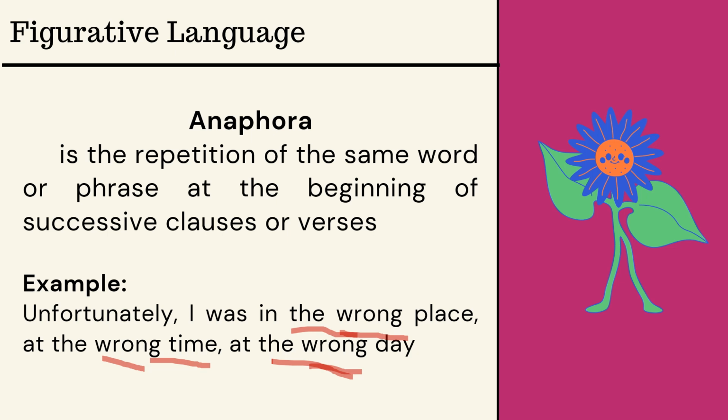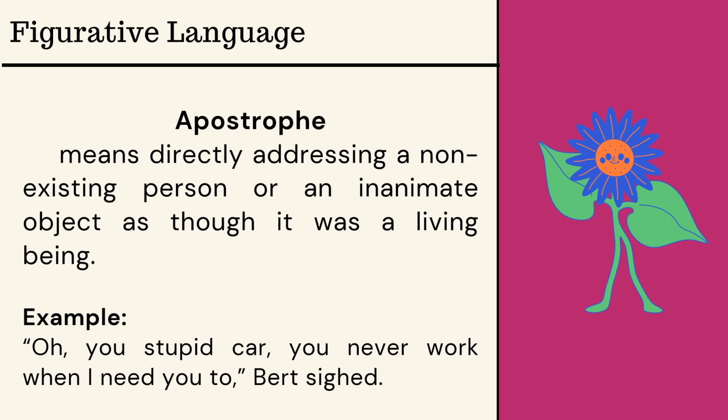Alright? Next up, we have apostrophe. Now, this apostrophe isn't the apostrophe that we know, the punctuation mark, rather. Apostrophe here in a figure of speech means directly addressing a non-existing person or an inanimate object as though it was a living thing.